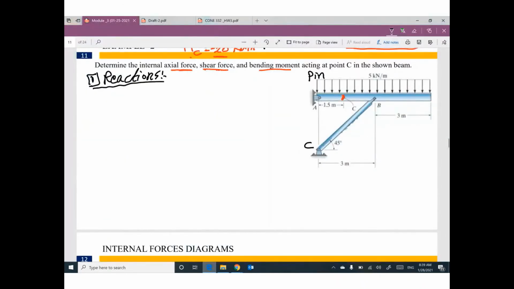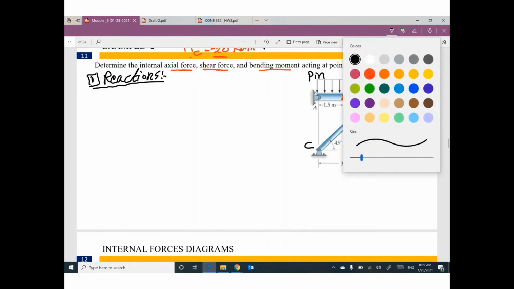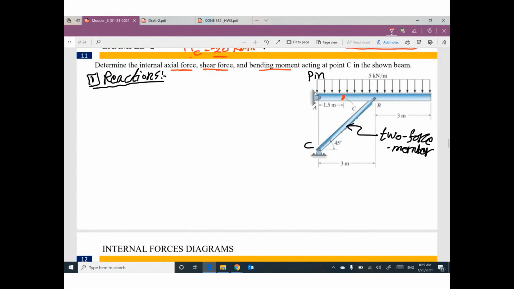Guys, if you go back to our previous meeting, we have a member called two force member. This member is special. Do you remember we need to figure out two conditions? If the member satisfies the two conditions, I can call it two force member.